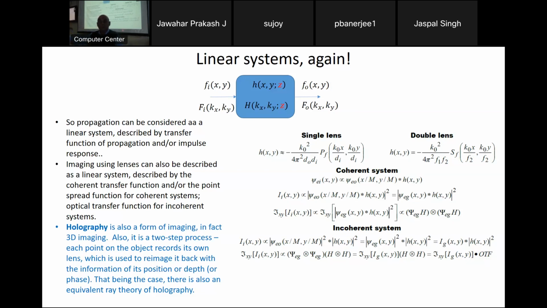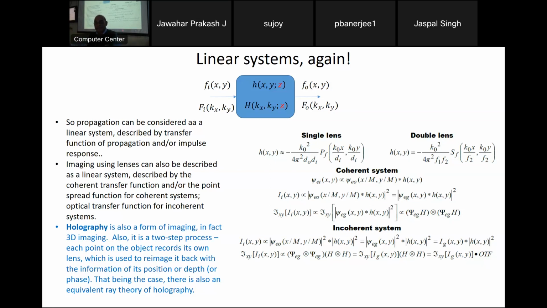Some will not; those will be rejected by the lens, so they cannot be imaged. The only ones that will be imaged are those plane waves passing through the lens, and they will all reconstitute and form not the point anymore, but this Bessel function. So that's the physical reasoning for why you have a spreading of the point source during imaging.